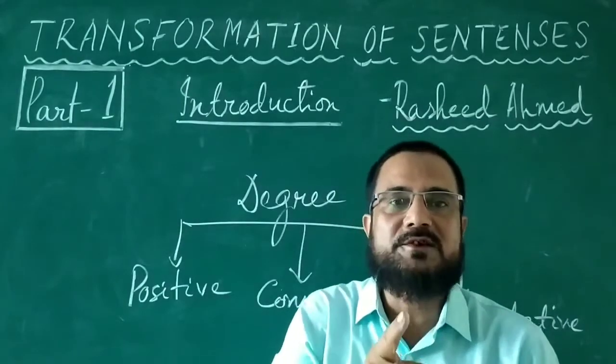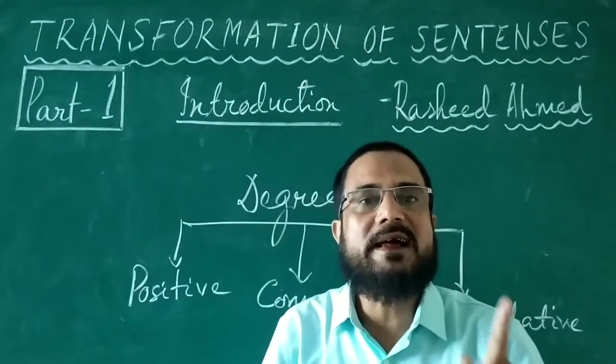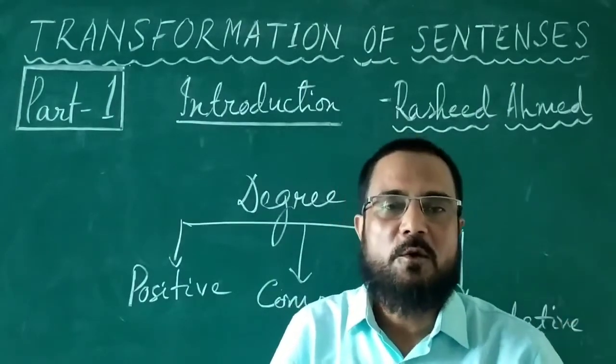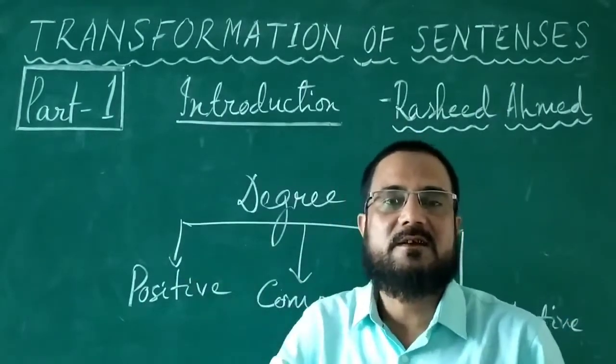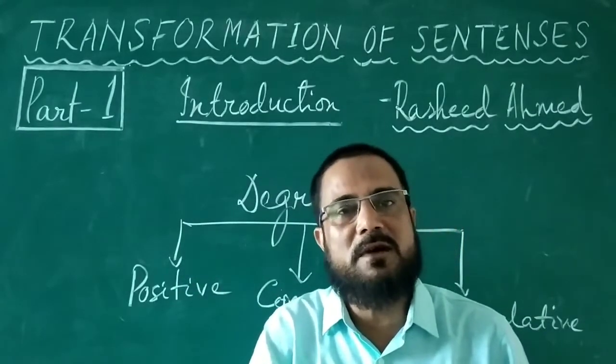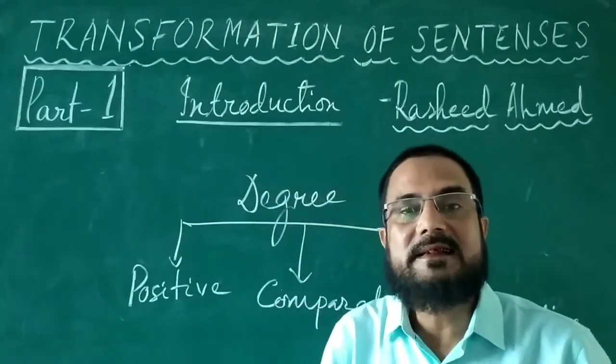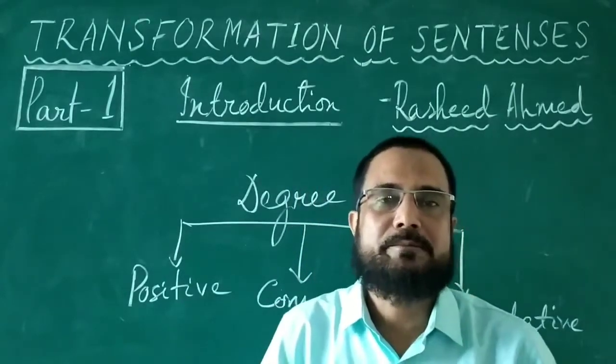You are making a comparison. You mean to say both of them have the quality, the same quality, but one has it more than the other, or one has it less than the other. When you make a comparison like this, this is called comparative degree.